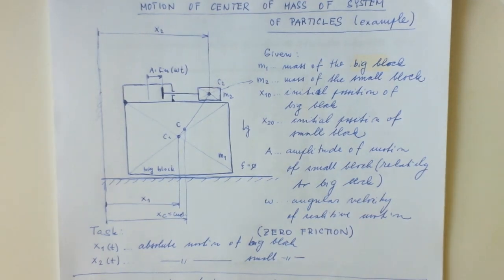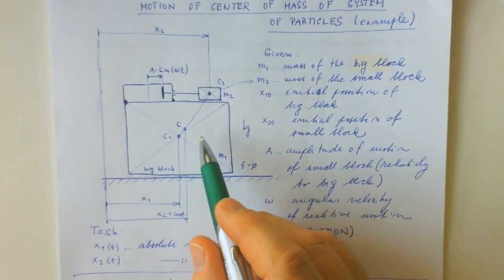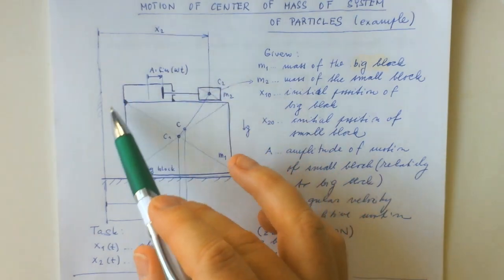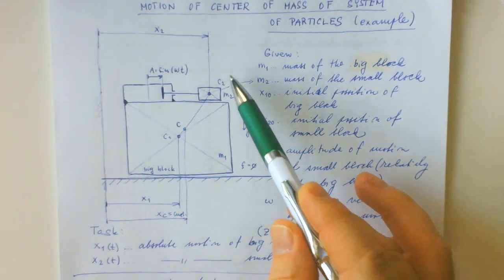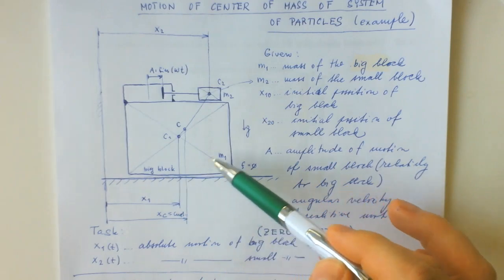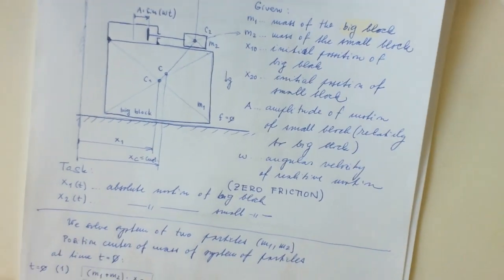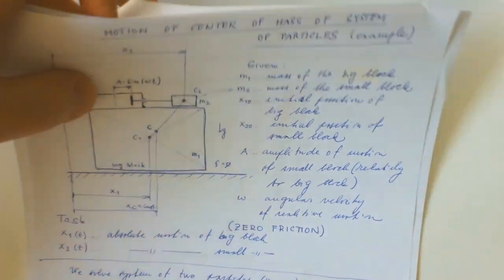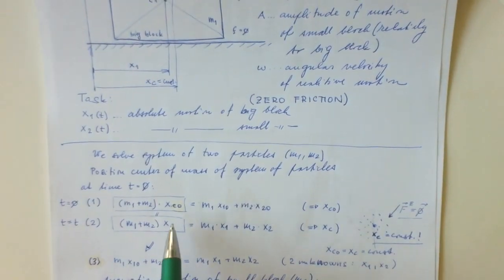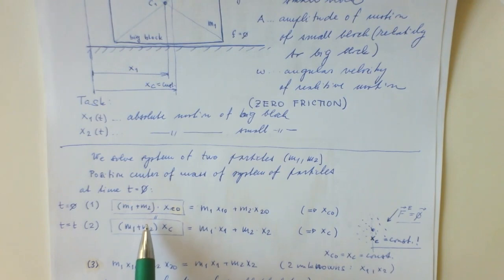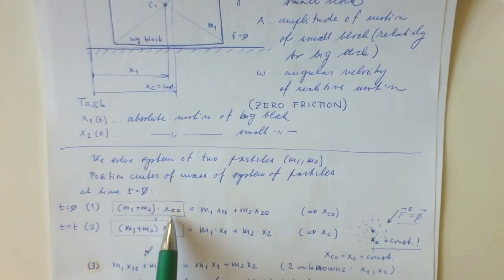For if we can calculate the center of mass of this system of particles, we can use the static equations of motion. So we can say that at 0 time the position of center of mass was xc0.